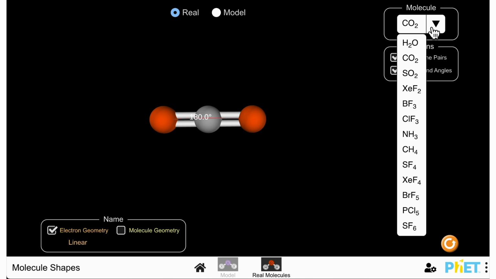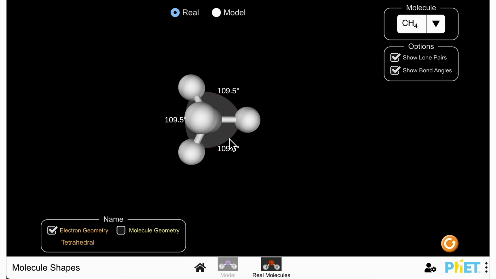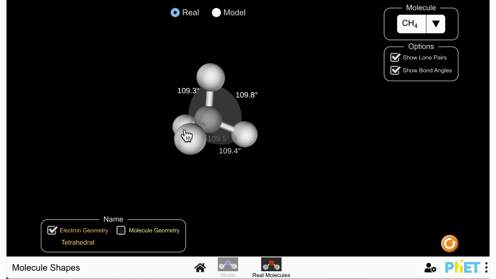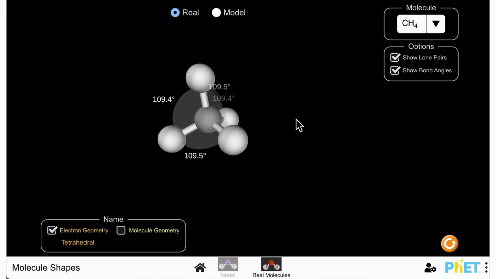So those are some different examples. You can go ahead and check some more out. Here's that ideal tetrahedron, 109.5, but yeah, you can go ahead and check a bunch of these out and look at them for yourself, and also maybe brush up on electron geometry and molecular geometry.